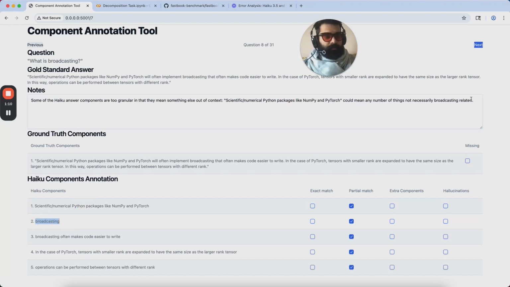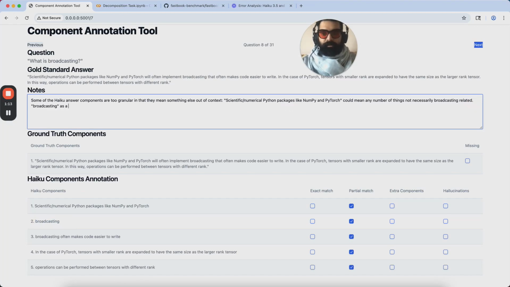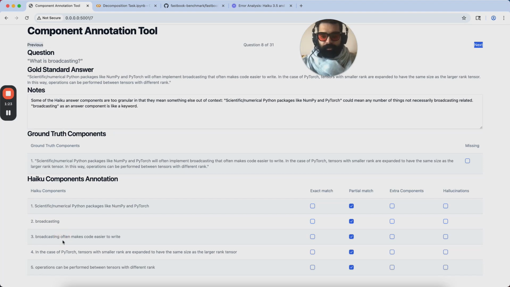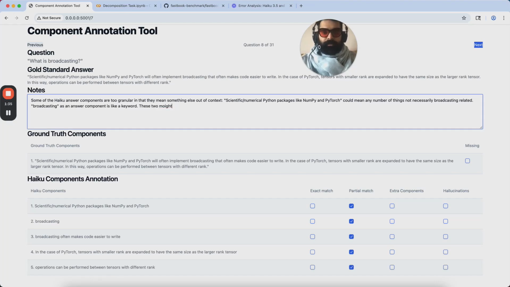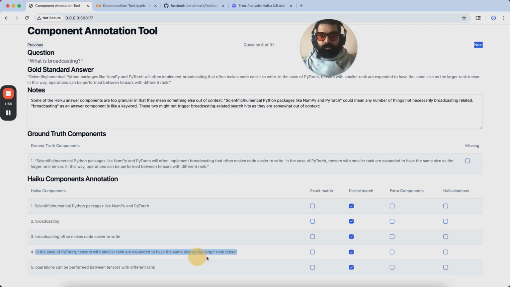So this right here, broadcasting as an answer component is like a keyword. Yeah, like a keyword. This is fine. In the case of PyTorch, that's fine. Operations can be performed. I'll just say that these two might not trigger broadcasting related search hits, as they are somewhat out of context. Maybe not, like maybe this idea of expanded.